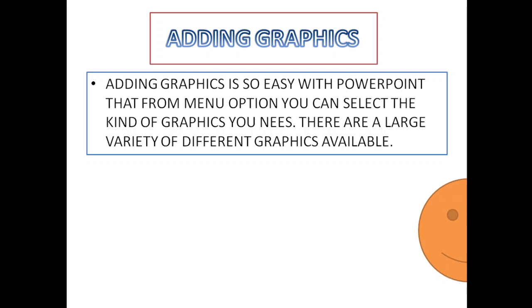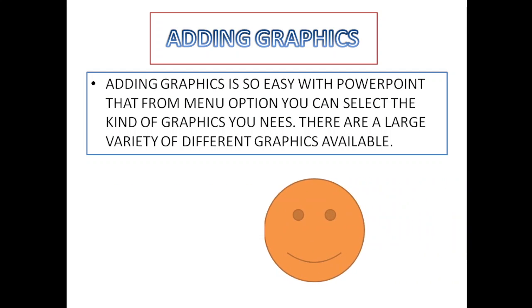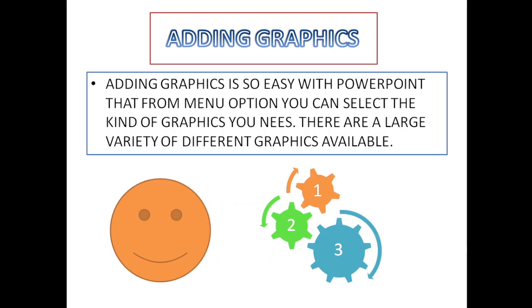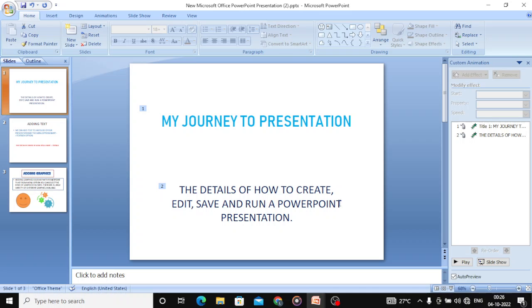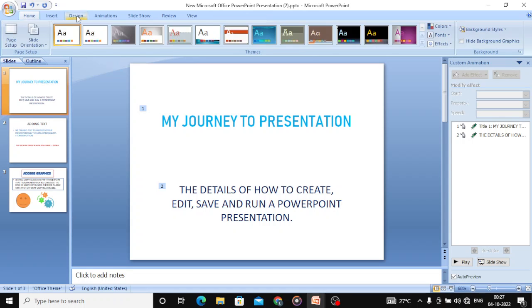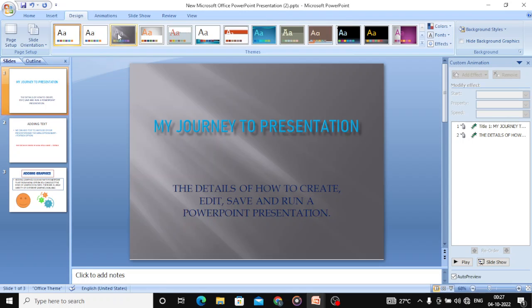So finally, the background of all the slides is white. We can add some format to the backgrounds. So come to the design part. A number of preset designs are available. If you select any of the designs, the white background color will change accordingly.